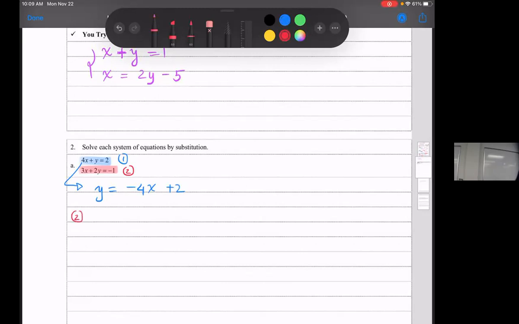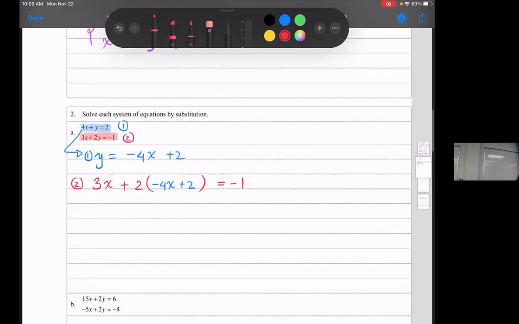So number 2 here is number 1. Number 2: I have 3x plus 2 times, instead of y, negative 4x plus 2 equal negative 1. 3x plus, and you distribute that 2 into the parentheses.